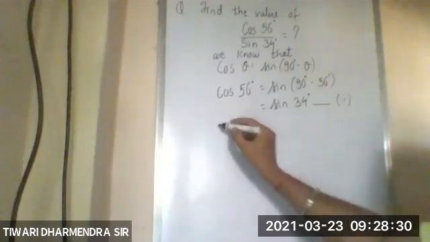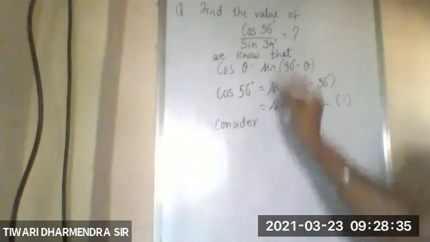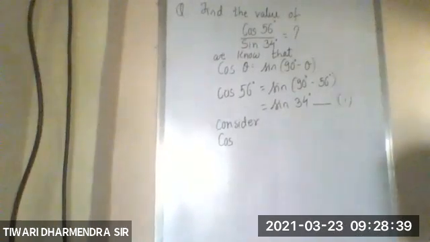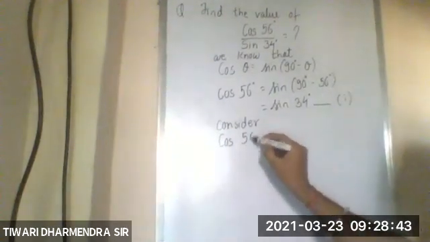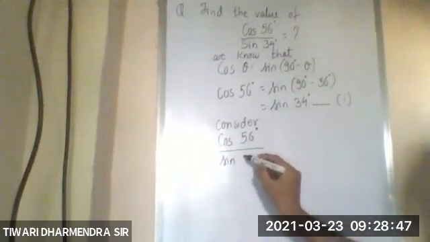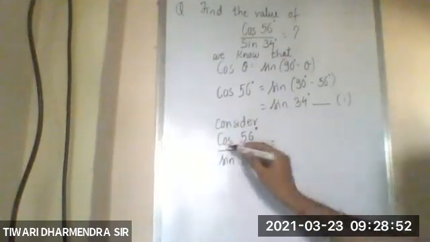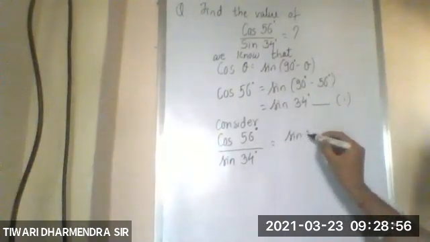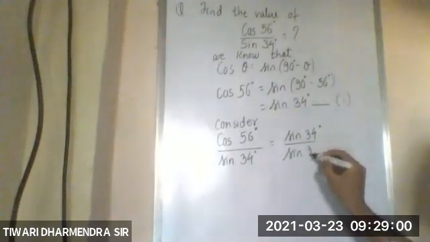Now consider what we need to find: cos of 56 degree divided by sine of 34 degree, which is equal to, we can replace cos 56 by sine 34, so sine 34 degree divided by sine of 34 degree.